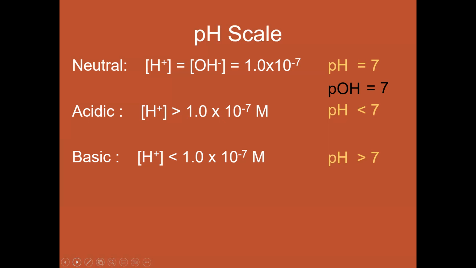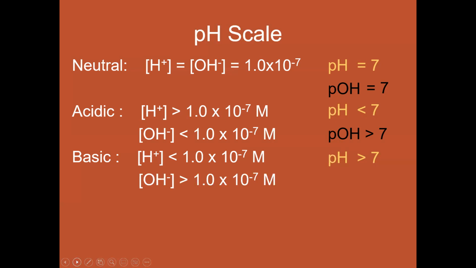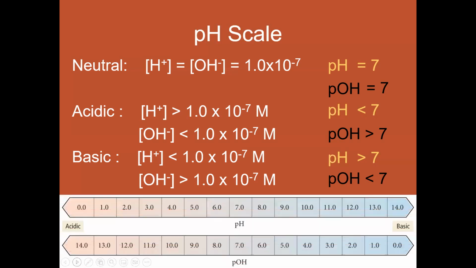For acidic substances, the lower values are acidic for pH, meaning for pOH, it's going to be the higher values that are acidic. So high pOHs are acidic. The scale flips. And for basic substances, it's going to be the lower pOH values that are basic. So you can see the pH and pOH scales are flipped.